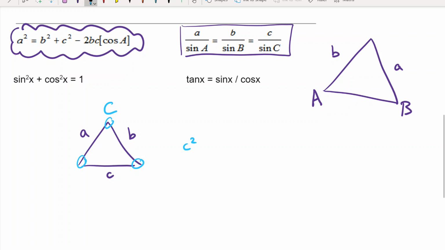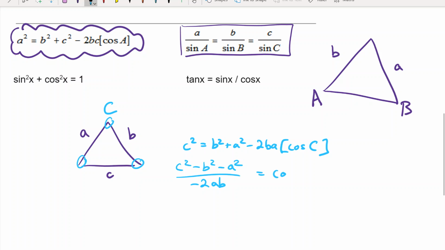So same idea, I can still write out my C squared equals b squared plus a squared minus 2ba cos of C. And if I'm looking for cos of C, I just rearrange the formula, c squared minus b squared minus a squared divided by negative 2ab, and that's going to equal the cos of C. So if I want to find only angle C, well then the inverse cos of all of this is equal to angle C. Right?